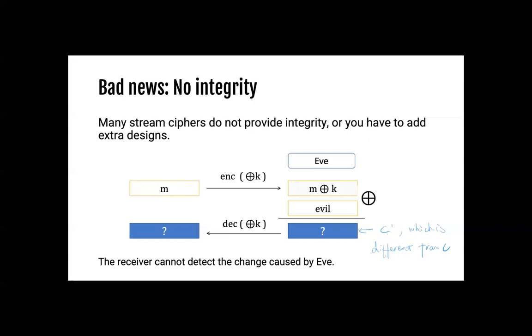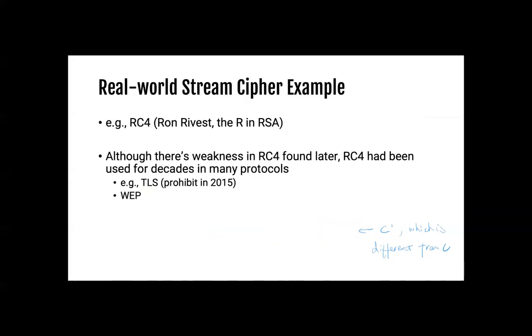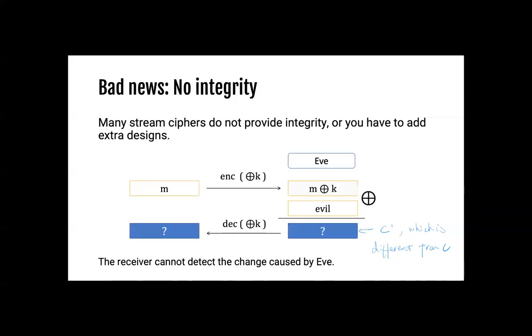And unfortunately, the answer is no, because according to the way that Bob decrypts, which is to XOR with K, there's no way for Bob to tell that the stream got changed. And in this way, we cannot guarantee integrity for stream ciphers. So this is the bad news for stream ciphers.